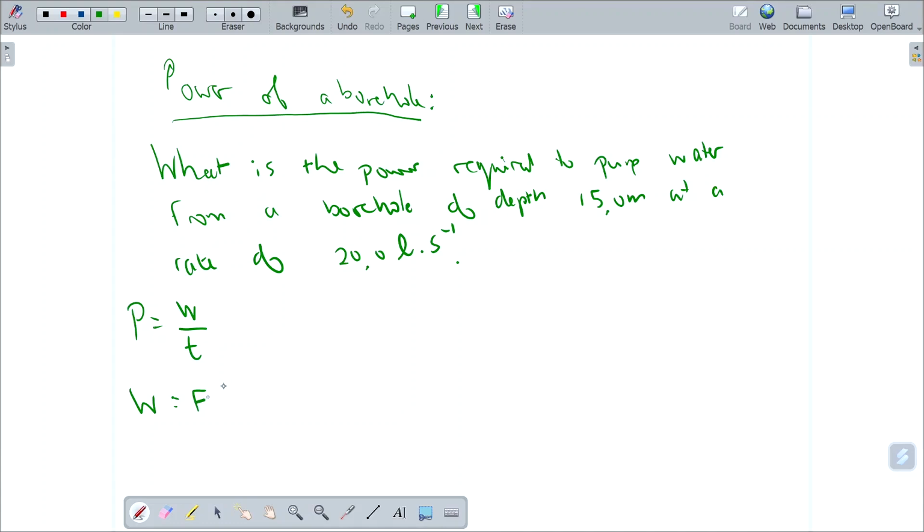Work is going to be the force times the distance, which is the height of the borehole. Now what's important to understand here is that the height, we are working in the y direction, we are pumping the water against gravity, and so we can assume that the force and the height are in the same direction, and therefore we don't have to consider the angle.